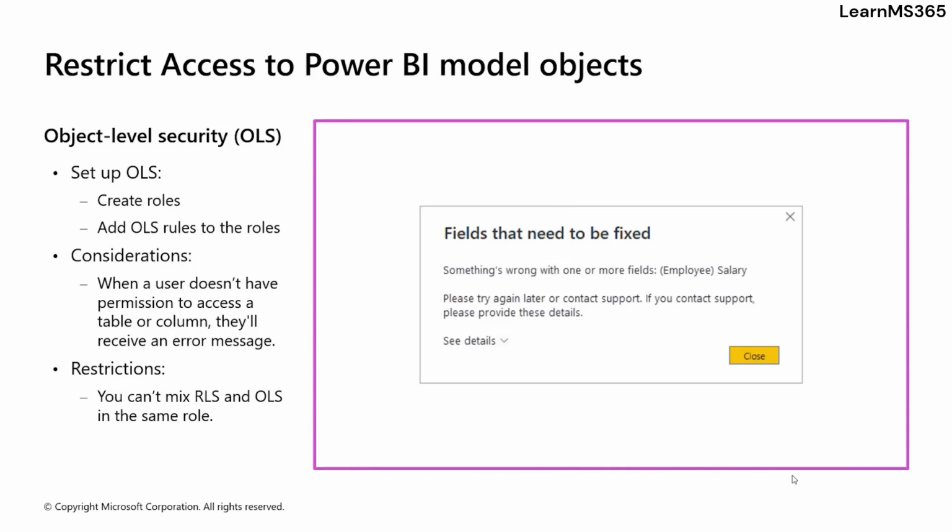For example, if there are relationships between table A and B, and B and C, you can't secure table B. If table B is secured, a query on table A can't transit the relationships between A and B and B and C. So in this case, you could set up a separate relationship between table A and C. This is how we can restrict access to Power BI model objects. Now let's move on to our next slide.